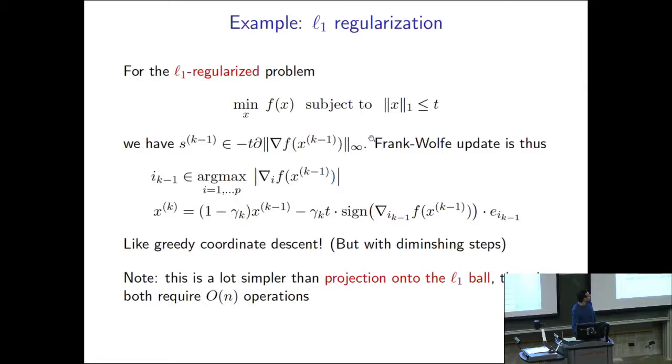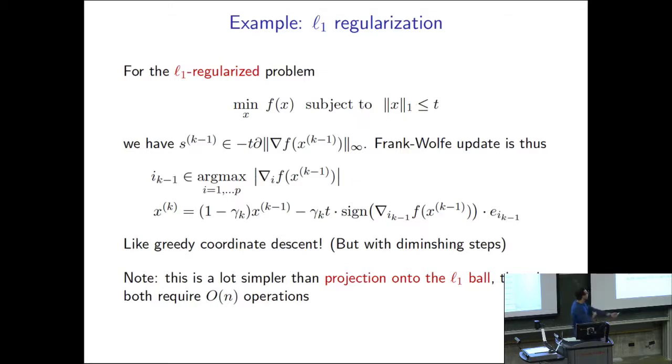So let's talk about an alternative to doing projected gradient when your constraint set is the L1 ball. Right? So if we were to solve something like the constrained form of the lasso or the constrained form of the logistic lasso or any constrained form of L1 regularization, we'd have some function subject to the L1 norm of our parameter being less than or equal to t as our constraint.